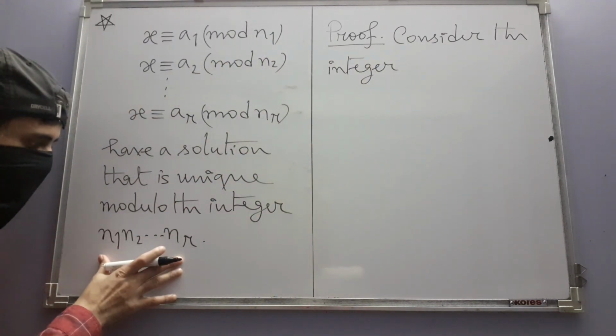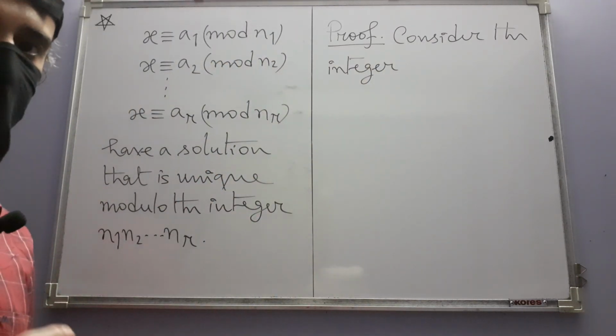Let us start by considering this integer and let's give it a name. Let's call it small n.